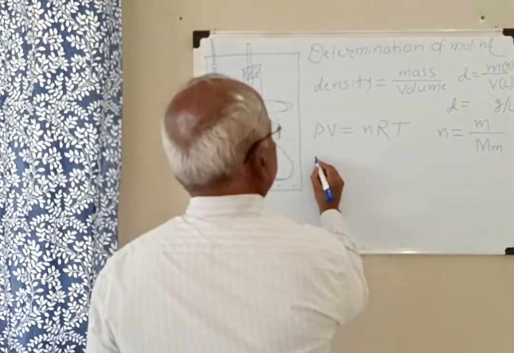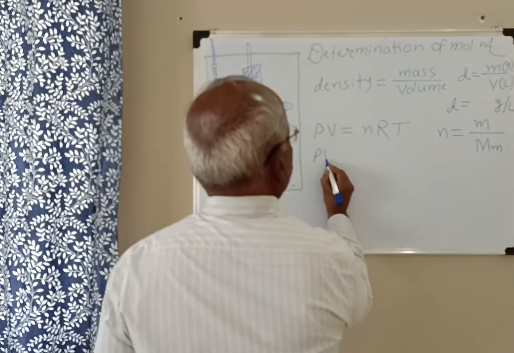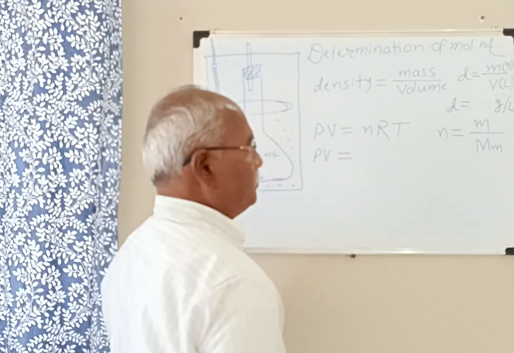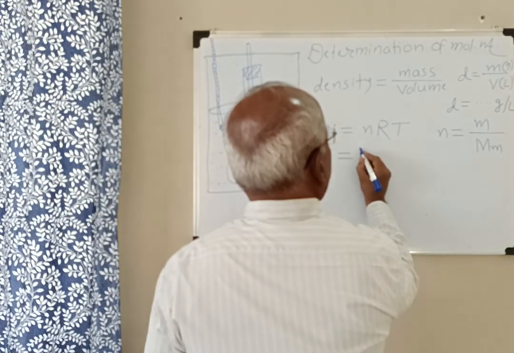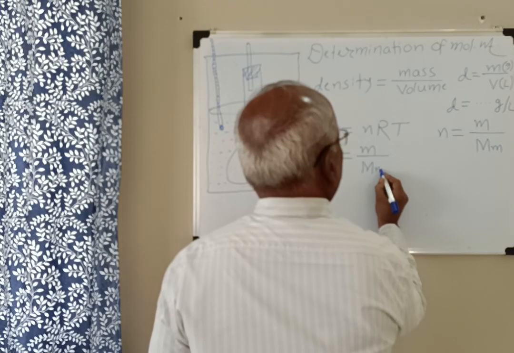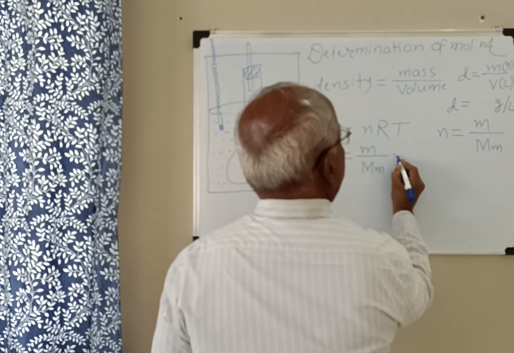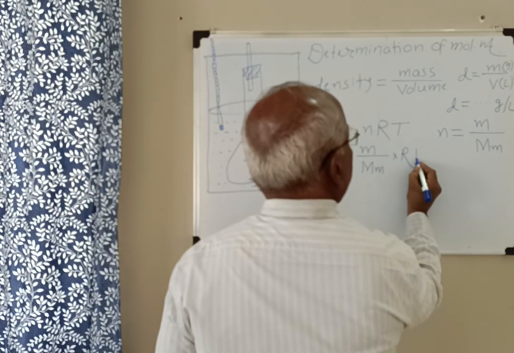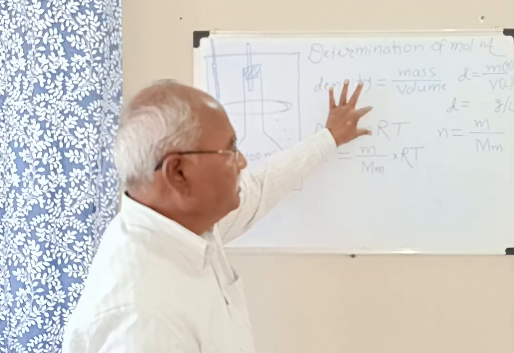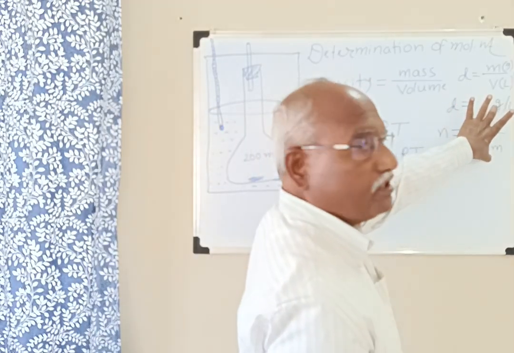Therefore, the equation becomes PV is equal to m upon MM into RT. For this n, I substituted this value.